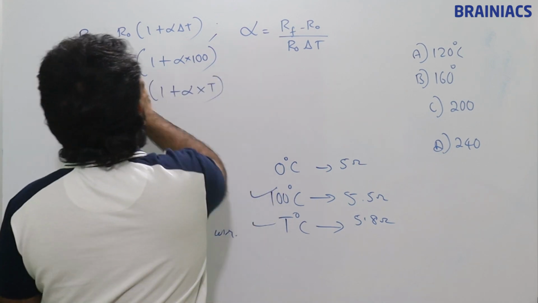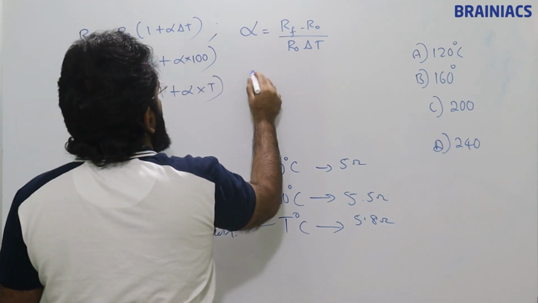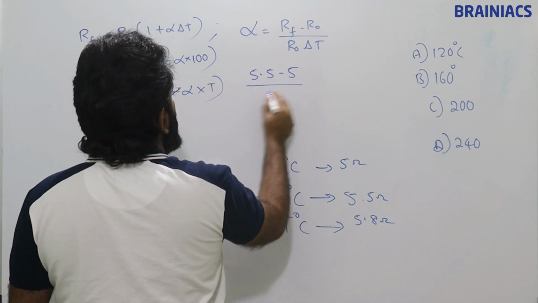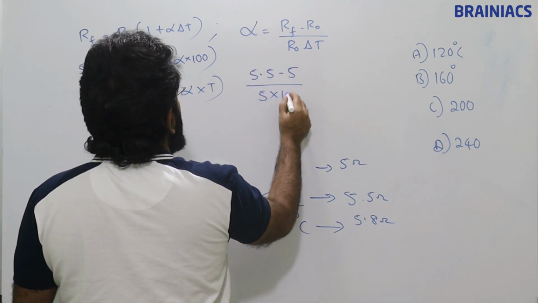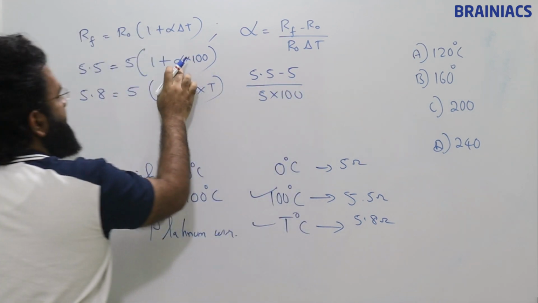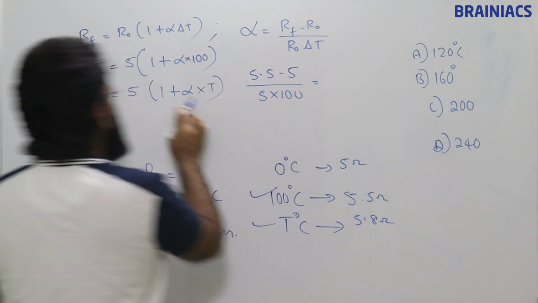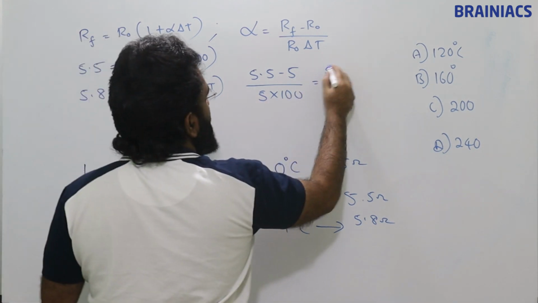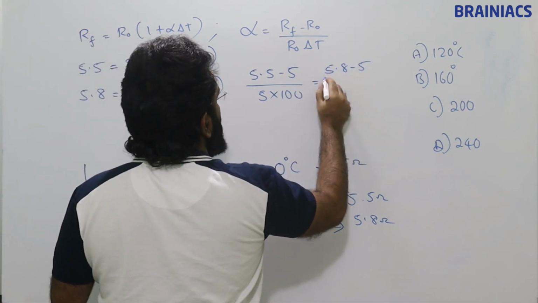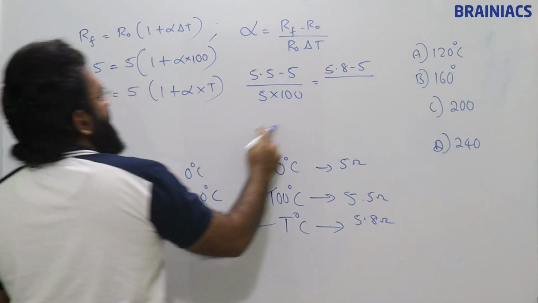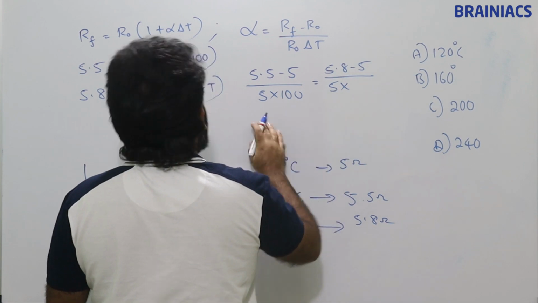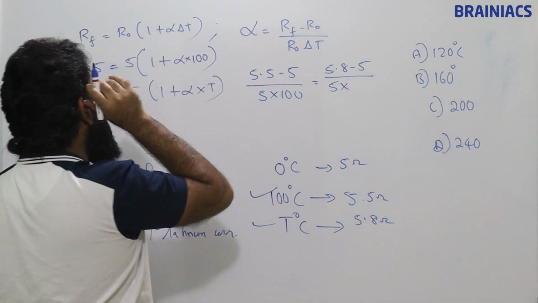So 5.5 minus 5 divided by 5 into 100 in this case is equal to 5.8 minus 5 divided by the initial resistance 5 into delta T, which is T minus 0.